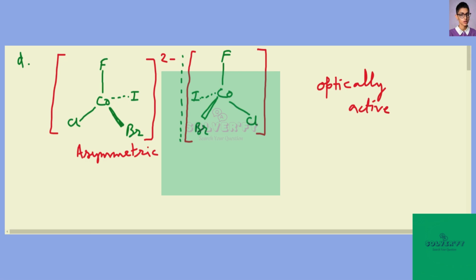And these isomers are also known as enantiomers. If one is D, the other should be L. If one can rotate the plane of polarized light in one direction, the other should rotate it in the opposite direction, and that is why they are known as enantiomers.